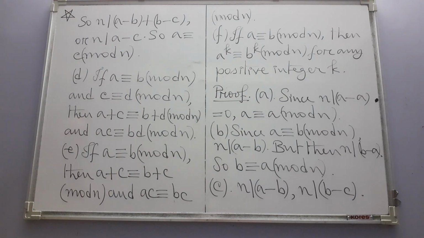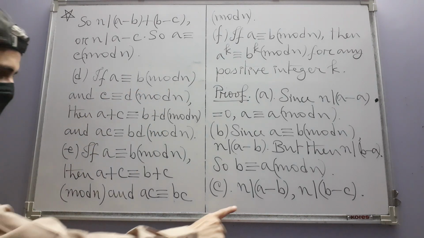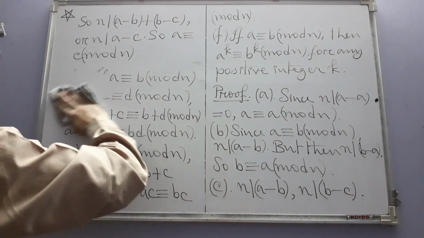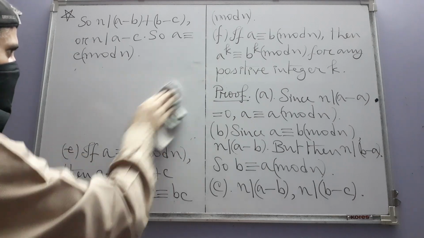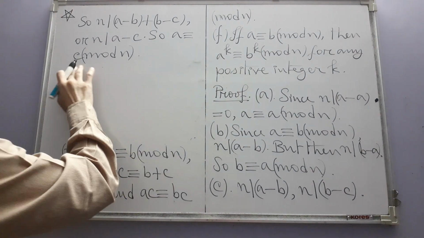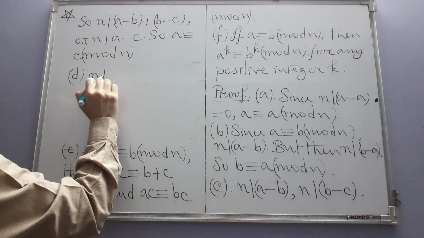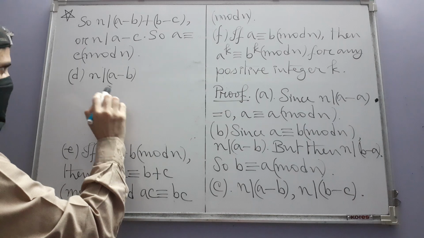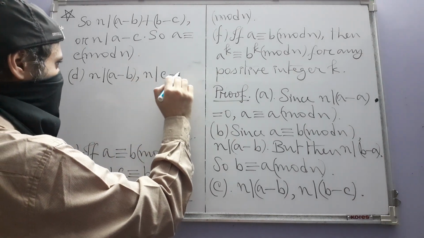Next comes these numerical, algebraic operations, addition and multiplication. A is congruent to B mod n and C is congruent to D mod n. It's a little bit different from this, okay, do not get confused. So this is D. That means we are getting this divisibility because A is congruent to B mod n, and we also simultaneously get this.